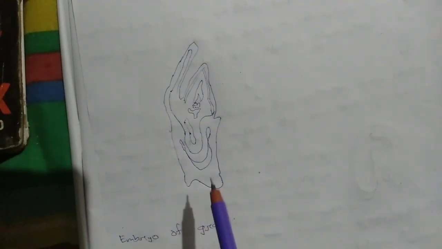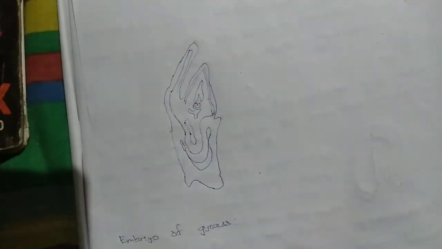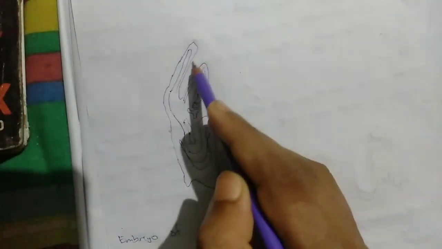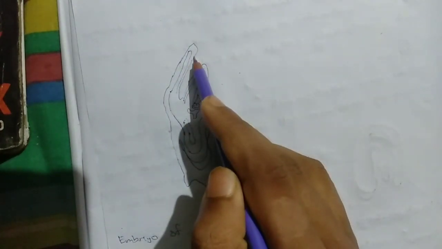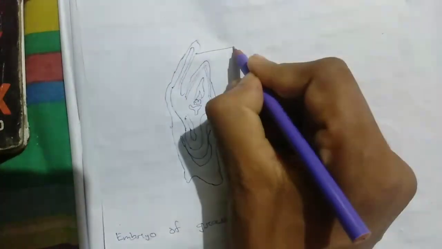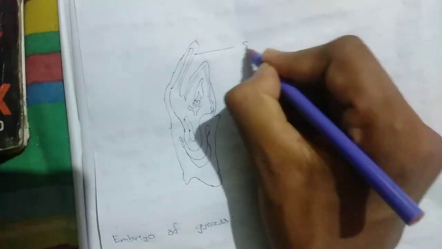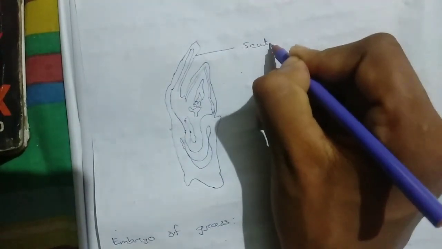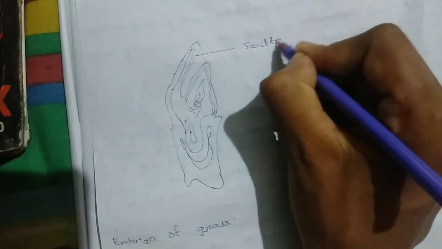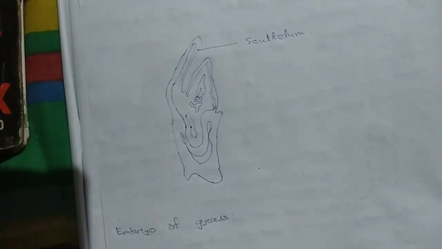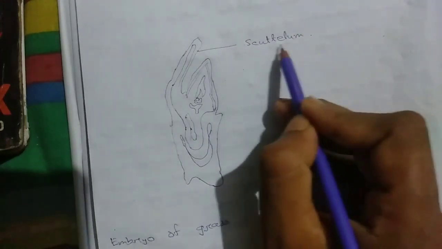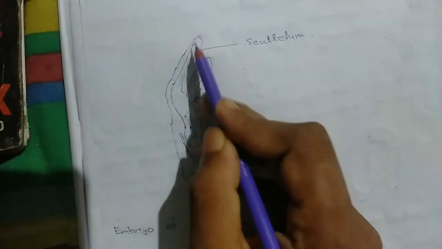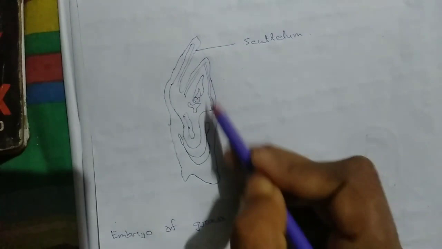In the embryo of a grass, only one cotyledon is present. This is known as the scutellum.